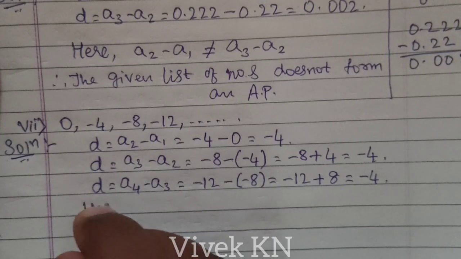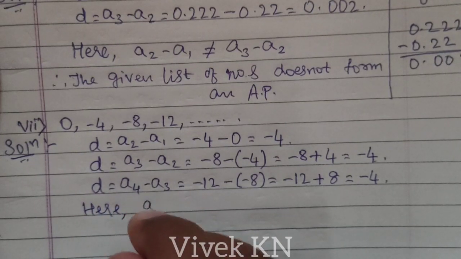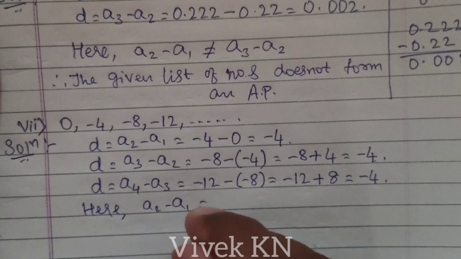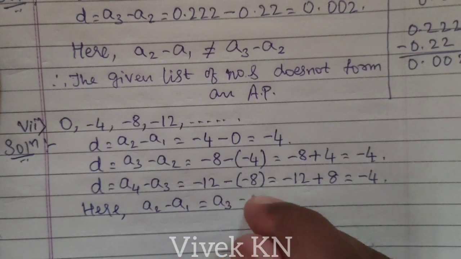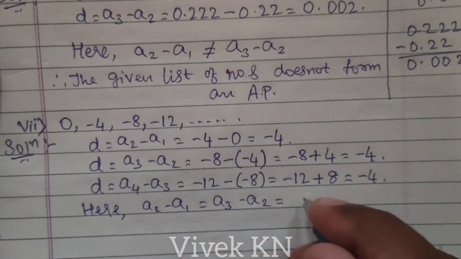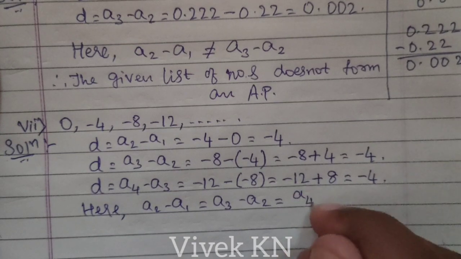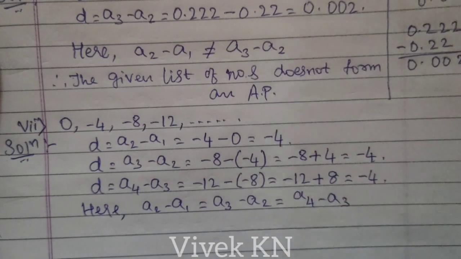Here a2 minus a1 is equal to a3 minus a2, which is equal to a4 minus a3.